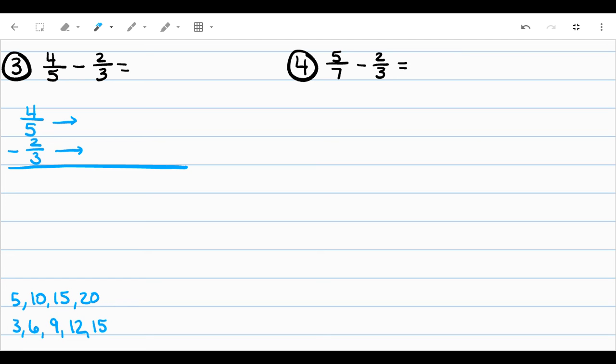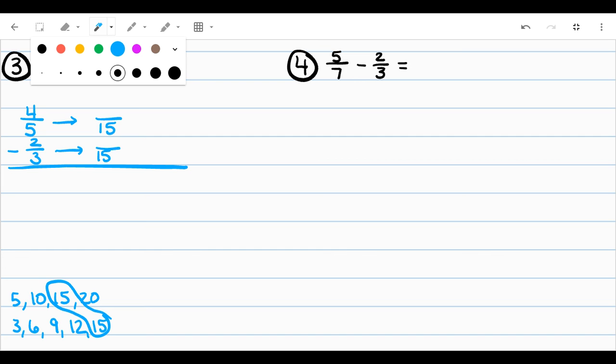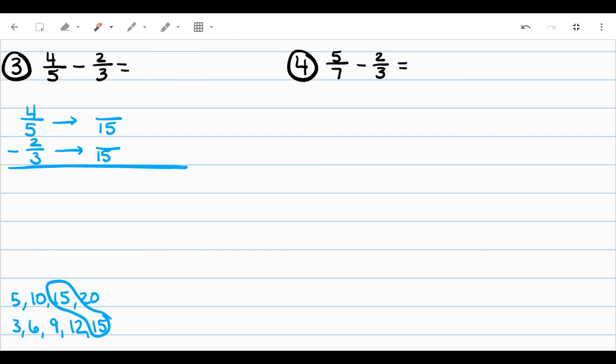And I now have one in common. This 15 is in both. So I can make my common denominator 15 for both fractions. So how do I go from 5 to 15? Well, I multiply by 3. So whatever I do to the denominator, I have to do to my numerator. 4 times 3 equals 12.